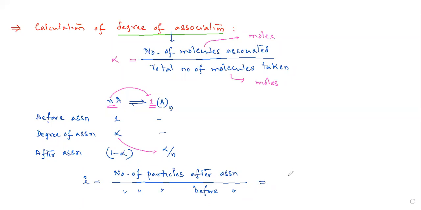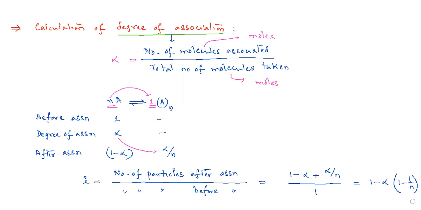Now this can be written as 1 minus alpha plus alpha by n by, of course, 1. Now this can be written as, see, 1 minus alpha is taken as common, 1 minus 1 by n, that is equal to i.